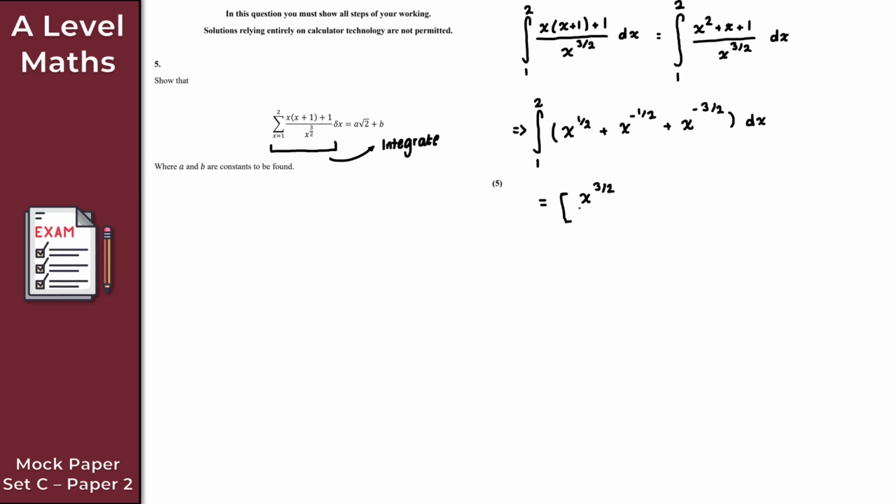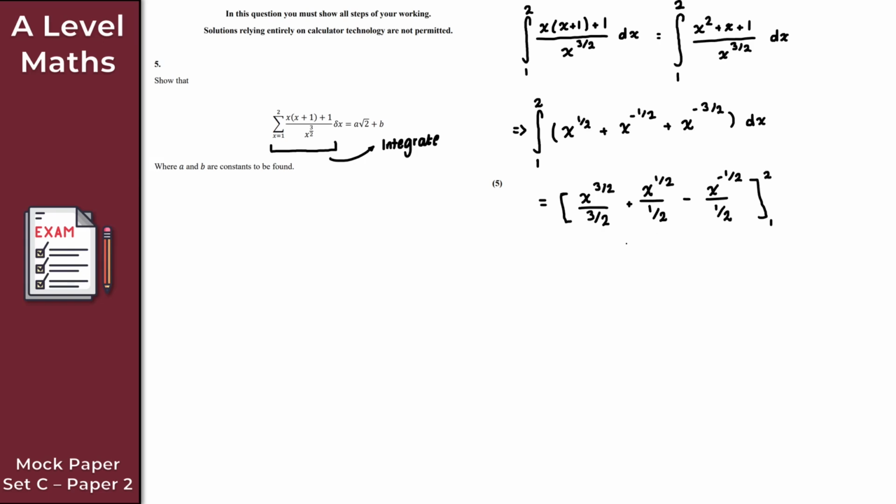I then get, in fact it would be plus, x to the 1 over 2 all over 1 over 2. And then finally this one would be negative, so minus x to the minus a half all over 1 over 2, from 1 to 2 again.